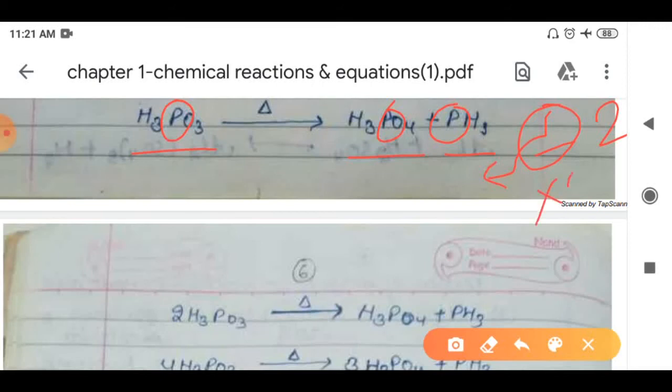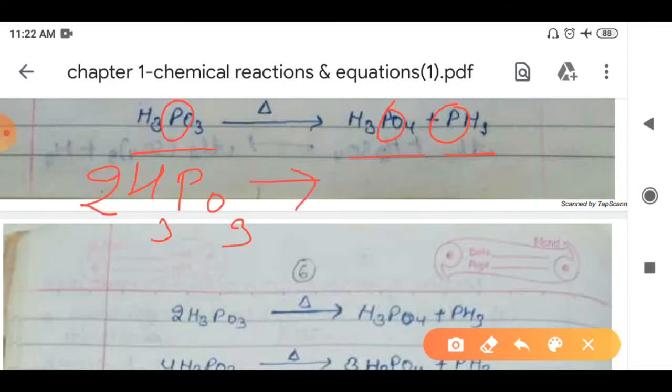For this purpose we have to multiply it by 2. So just multiply by 2 in the reactant side wherever phosphorus is present. So H3PO3 multiplied by 2, and in the first step I am again writing the H3PO4 plus PH3.